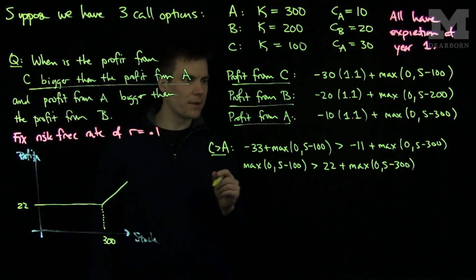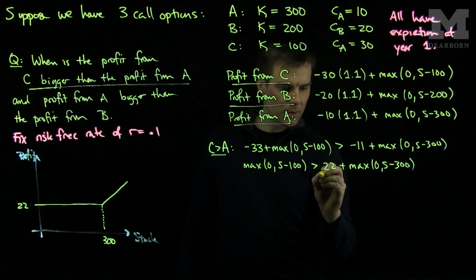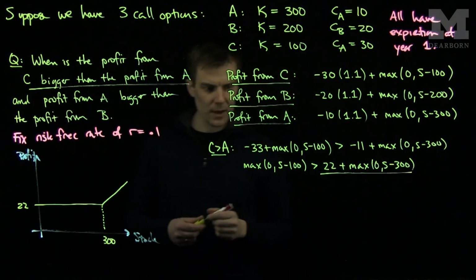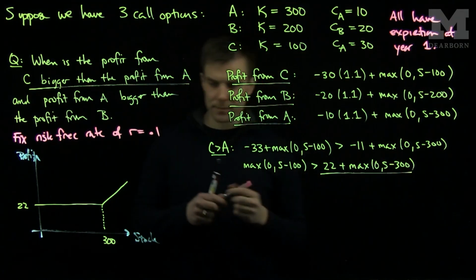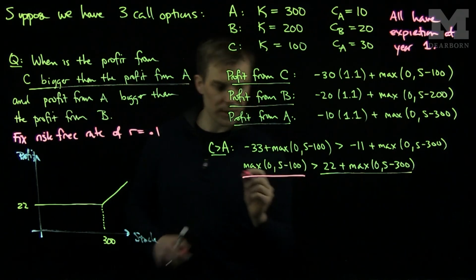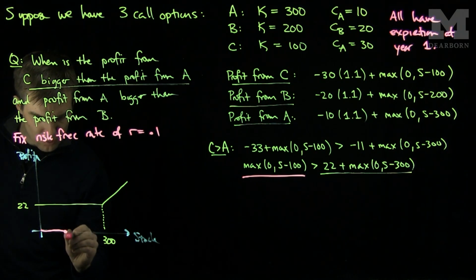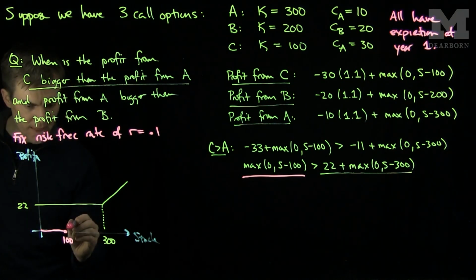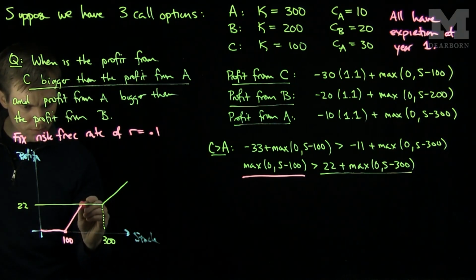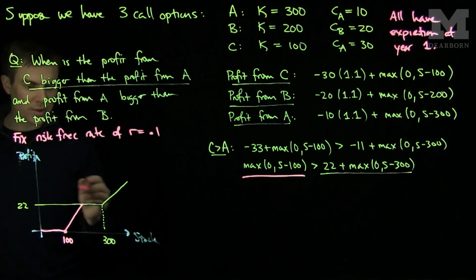So this is the expression over here. And now the max of 0 and S minus 100 is a graph that looks like this. It goes all the way up to 100, and then it linearly grows with a slope of 1. The question is, when does it hit this?